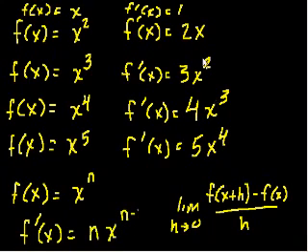And you see, this is what the case was in all of these situations. So if n was 25, x to the 25th power, the derivative would be 25x to the 24th. I'm going to use this rule, and then I'm going to show you a couple of other ones, and then we can figure out the derivative of pretty much any polynomial function.